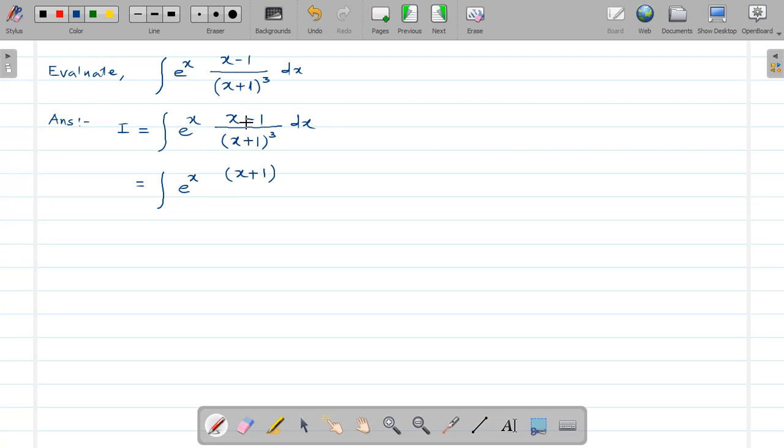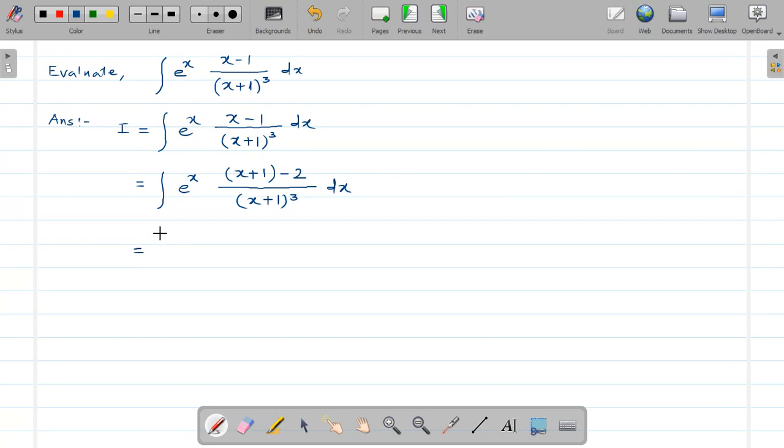Originally it is minus 1, so if I write minus 2 here, then we get the combination. See here, x plus 1 minus 2 means x minus 1. So we get the numerator in terms of the denominator: x plus 1 minus 2 upon x plus 1 bracket cube.